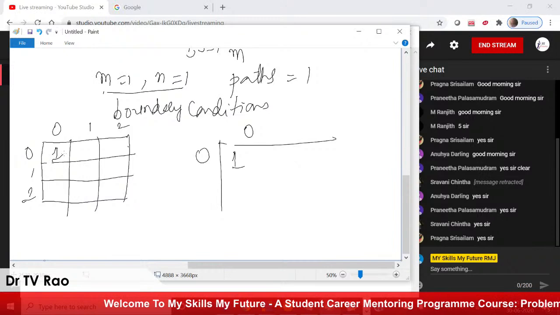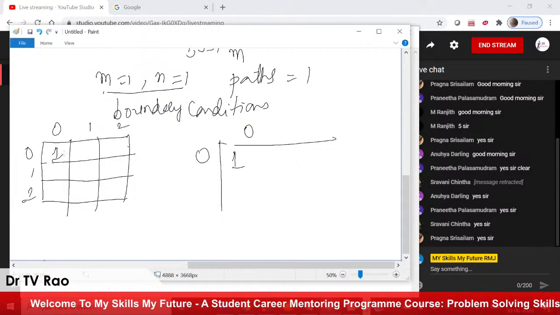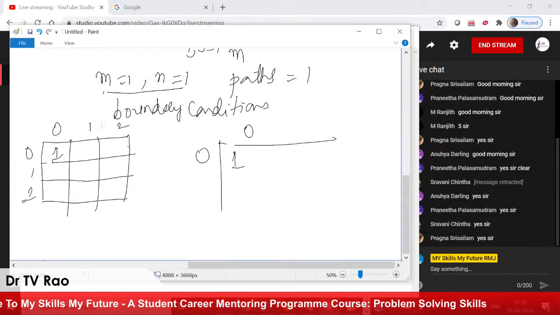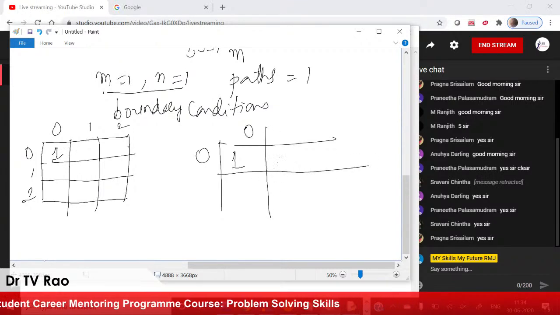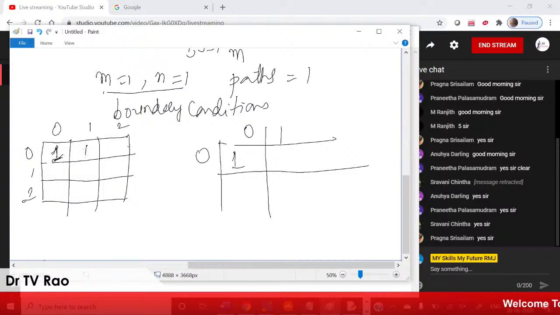From 0, 1, in how many ways can you reach it from 0, 0? Only one way.